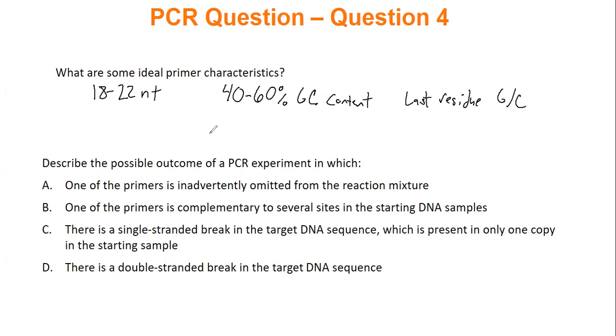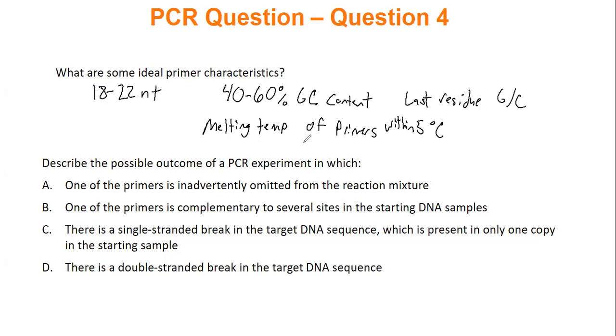You want the melting temperatures of your primers to be within 5 degrees centigrade of each other, because remember, you have to add 2 primers. So they have to have around the same melting temperatures.